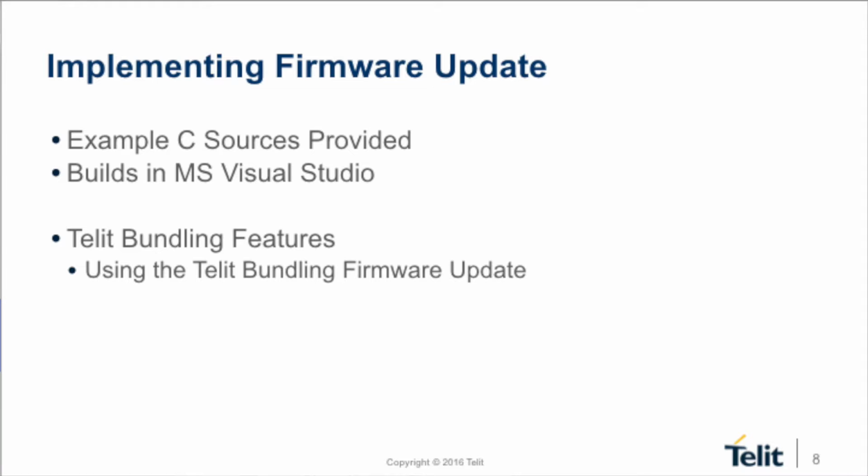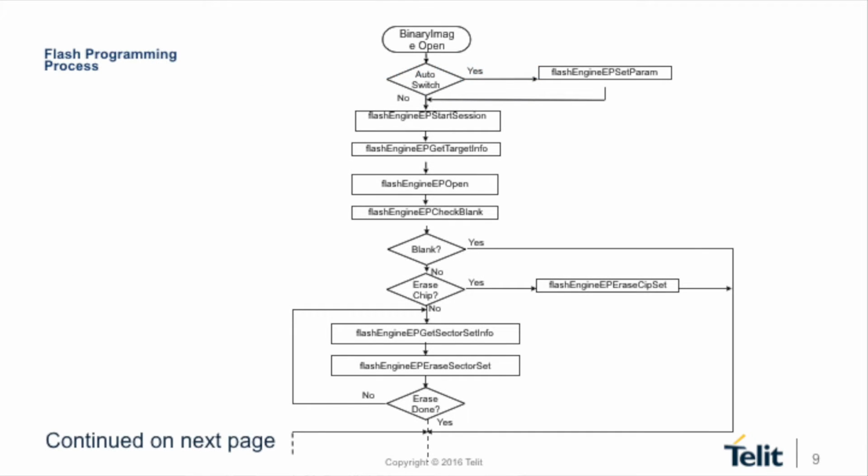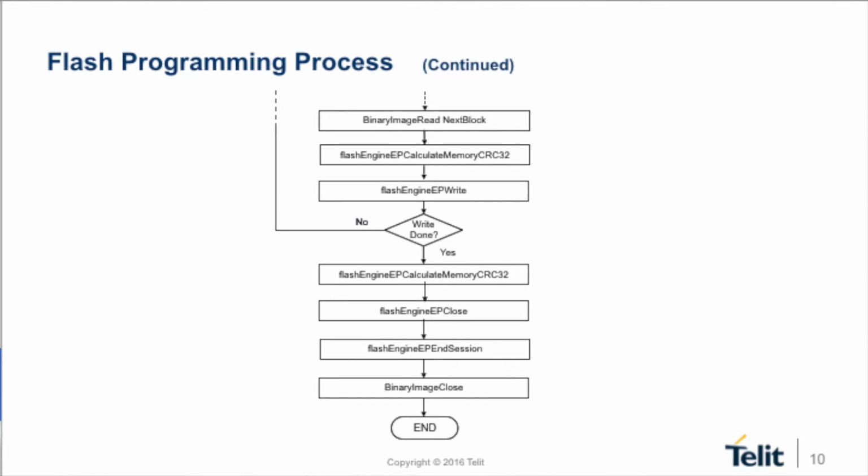Similarly, with the firmware upgrade, the process is very similar. This is a flow chart of the firmware upgrade process, how that would take place. Again, it's not very complicated, but it does take time to port over to an application processor. And this chart continues here.